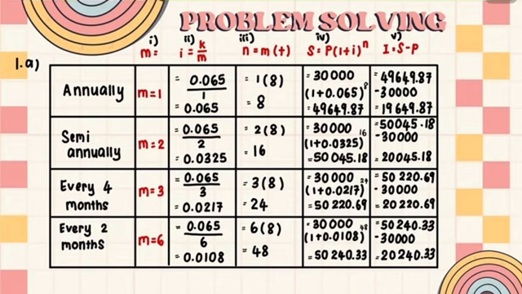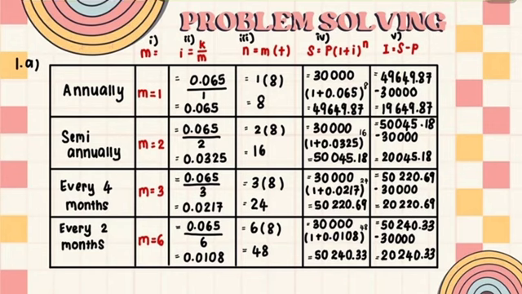Every 2 months, frequency of compounding M is 6. Rate per period is K equal to 0.065 and M is 6, so the answer is 0.0108. Number of periods is 6 multiplied by 8, which is 48. So P is 30,000, I is 0.0108 and N is 48.